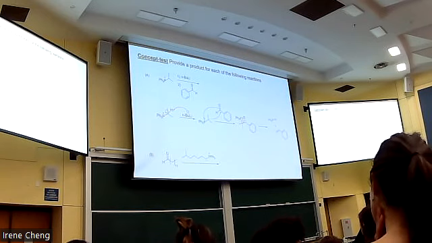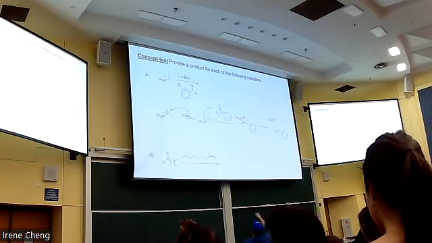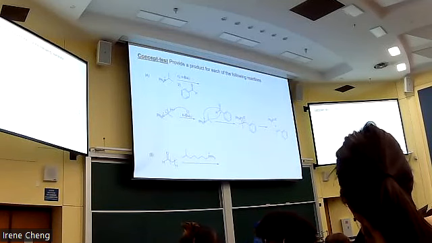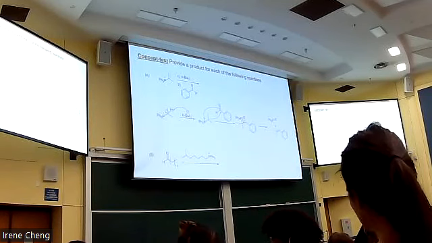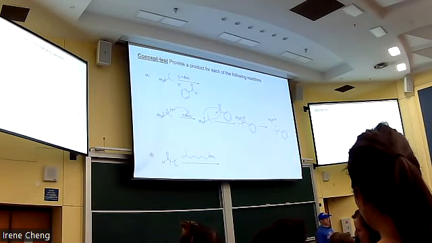Again, you don't actually have to draw the mechanism. From here, you can go right away to the product. Basically, it's carbon to carbon, oxygen to phosphorus. That's it. You get it now. Do another one. Please don't try to draw the mechanism.